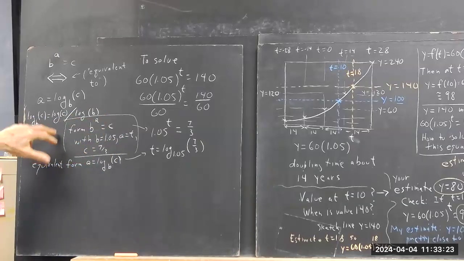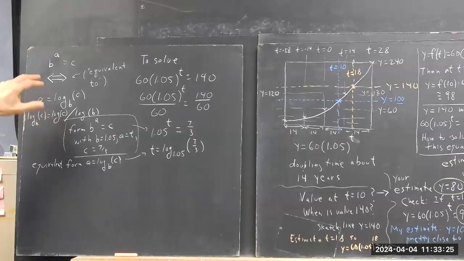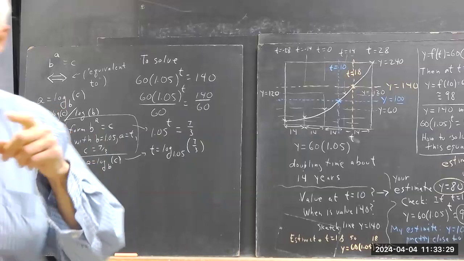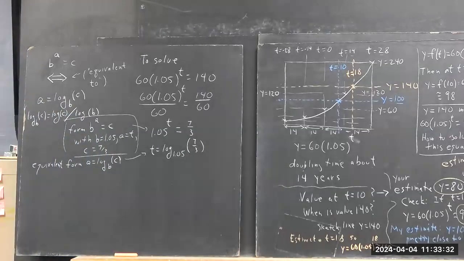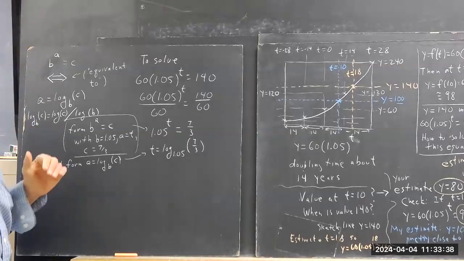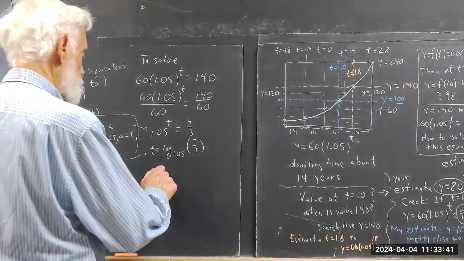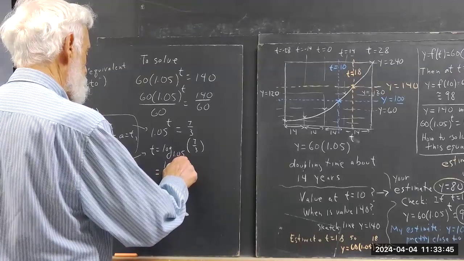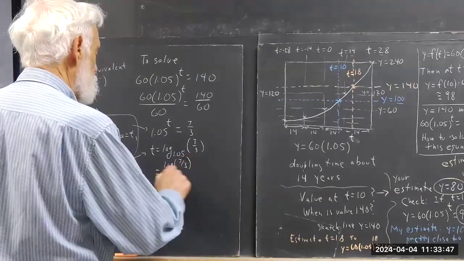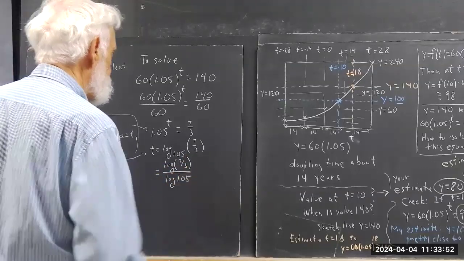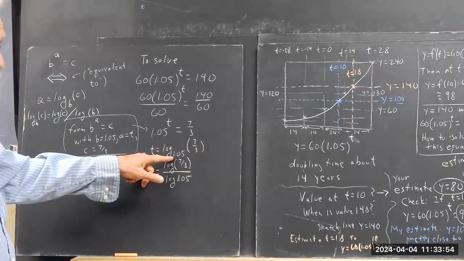But log base B of C is log of C divided by log of B. And you have a log button on your calculator. Okay. So using this rule, which is very simple, but you've got to remember, it's the log of 7/3 over the log of 1.05. It's always the log of this divided by the log of this.